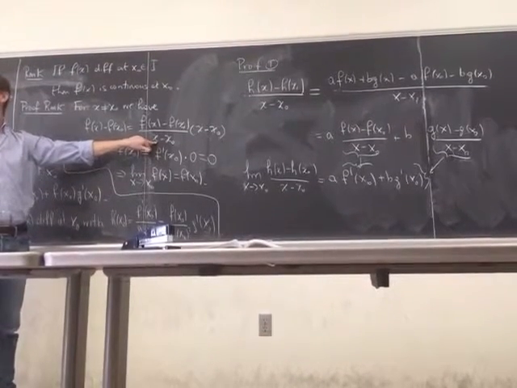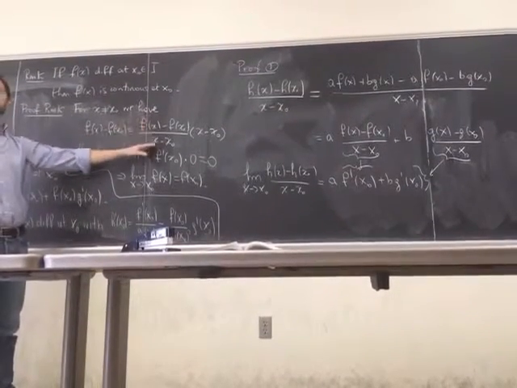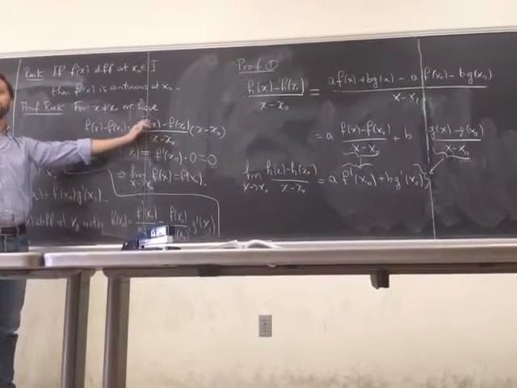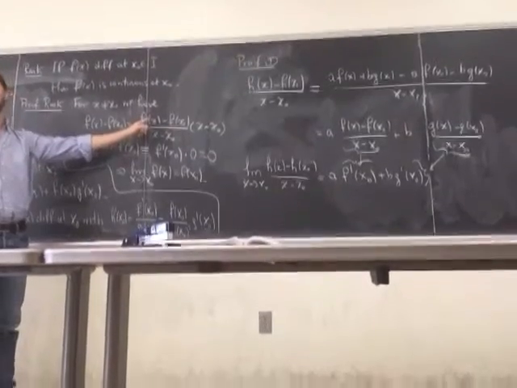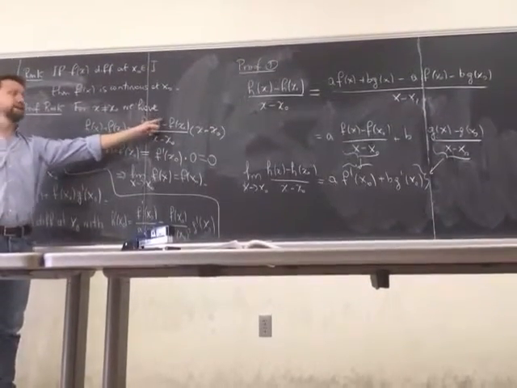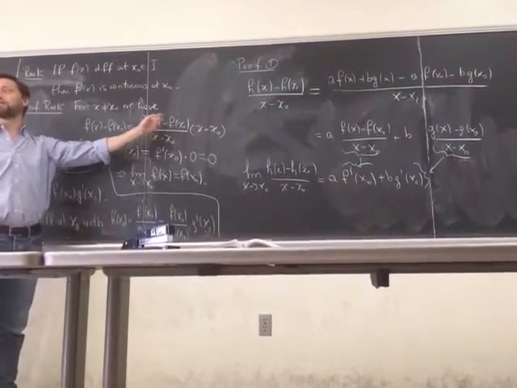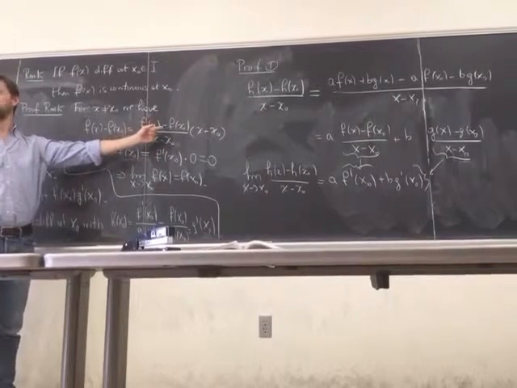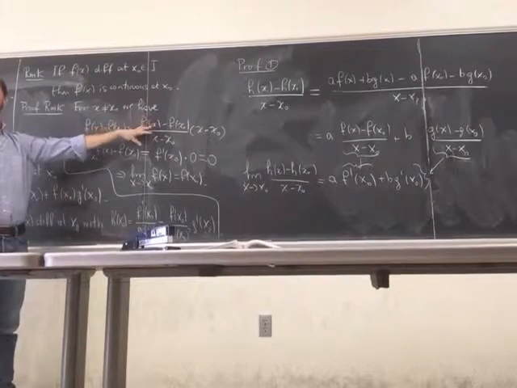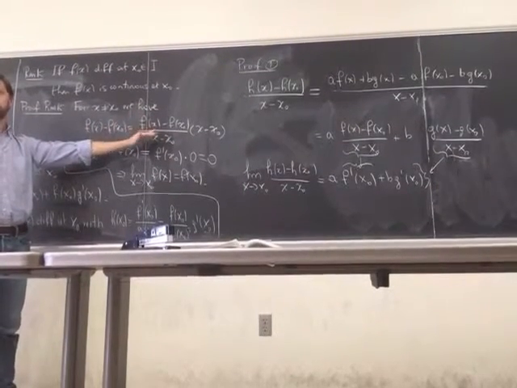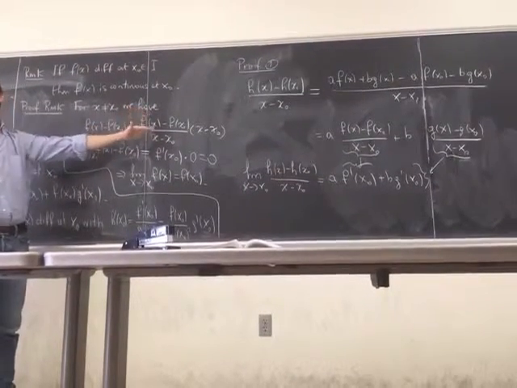If you have a fraction where the denominator goes to 0, the only way for the limit to exist is that also the numerator goes to 0. Otherwise, if the numerator goes to some finite nonzero number, the ratio goes to infinity or doesn't have a limit. So the only possibility for a ratio to have a meaningful limit when the denominator goes to 0 is that also the numerator goes to 0. Otherwise, there is no hope.